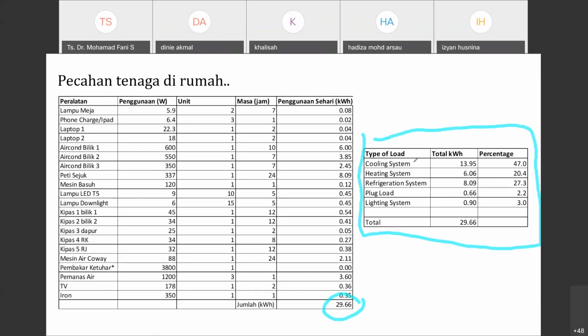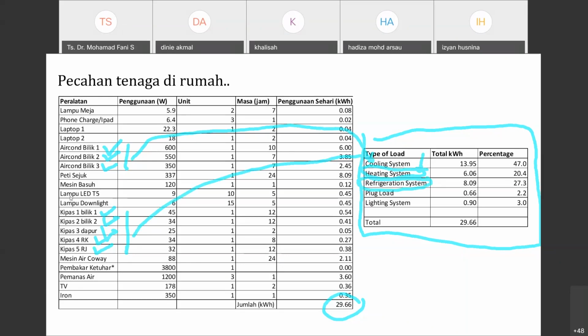So after that, convert to the general one. For example, cooling system: aircon and fan. Put all this value to be cooling system. Heating system: water heater, Coway.